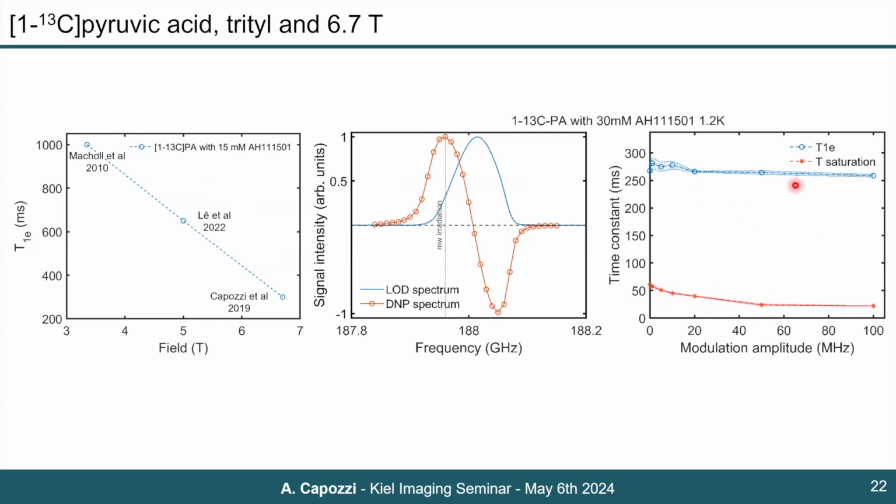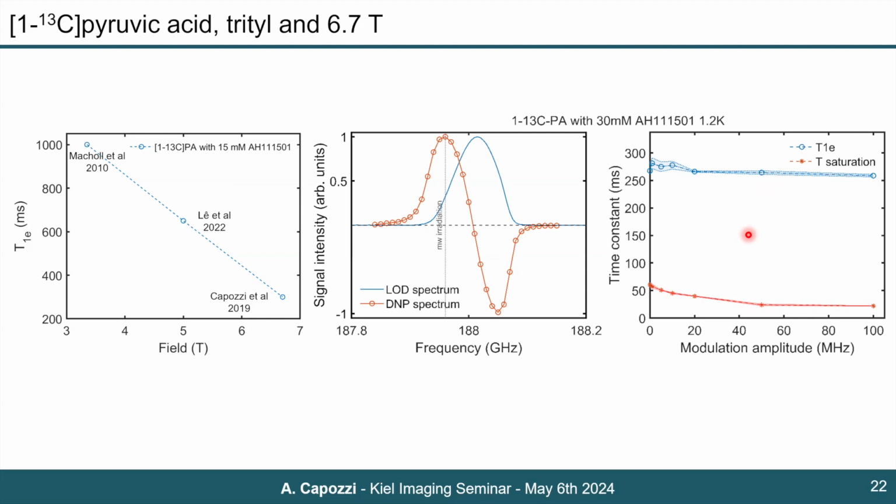So you can see here, this is the T1E of the trityl in pyruvic acid at 6.7 Tesla, 300 milliseconds. And this is how fast you can saturate when you switch on the microwave. So you can see how much faster the saturation is with respect to the T1E. And the consequence is that modulation doesn't add anything. But this is a special case, the special case of pyruvic acid and trityl.